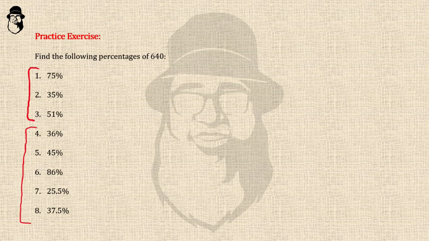Now we know that 10% of, I am taking the same number 640 for the sake of simplicity, and you can apply the same methods on any number, doesn't matter. 10% of 640 is 64, right? So 5% is half of that, that is 32, right?